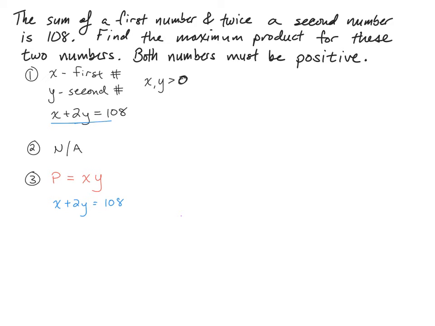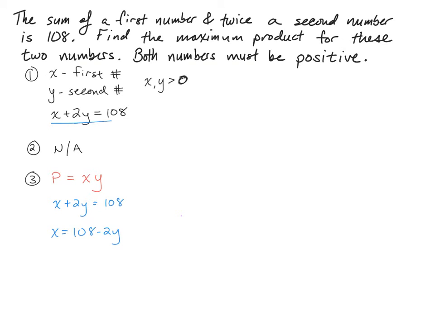Okay, so what we can do from here, in order to rewrite our primary equation with one variable, is either solve this equation for x or for y. It doesn't matter. And since solving for x is a lot easier here, all we have to do is subtract 2y. That is what I will do. So this is part of step 3.